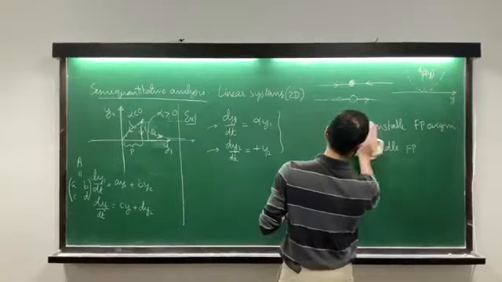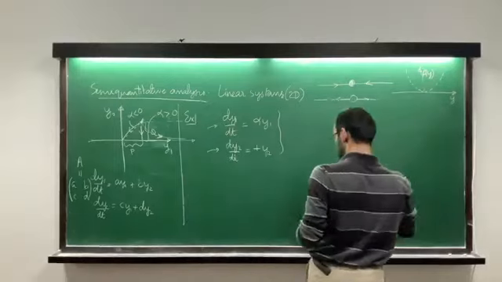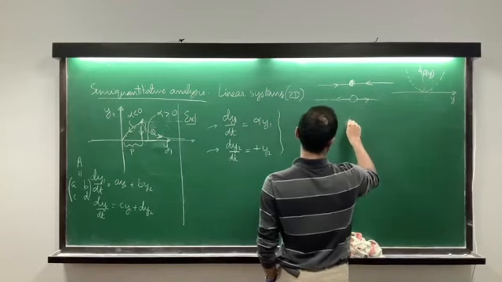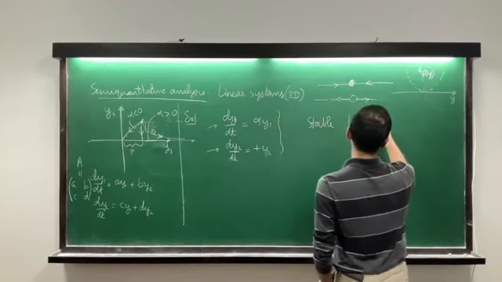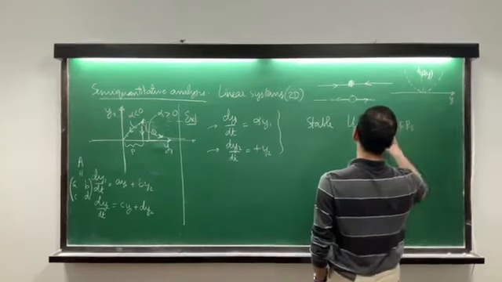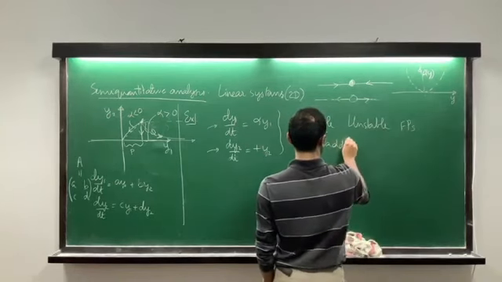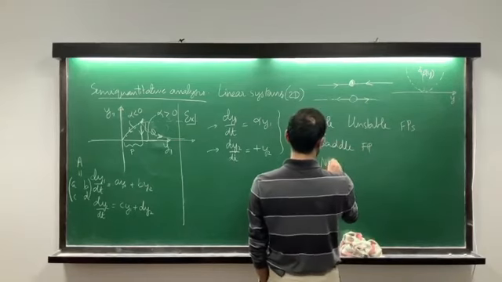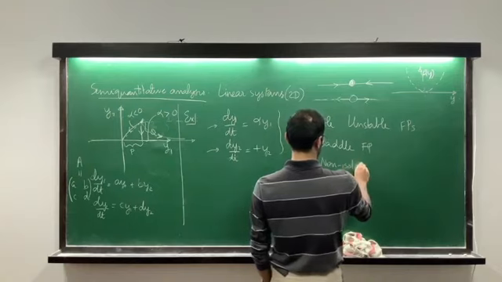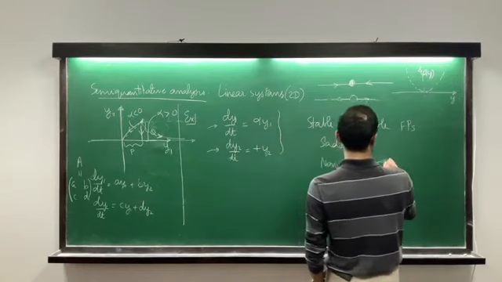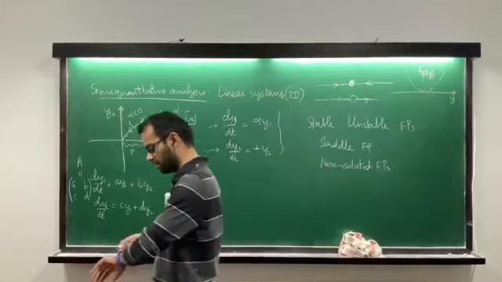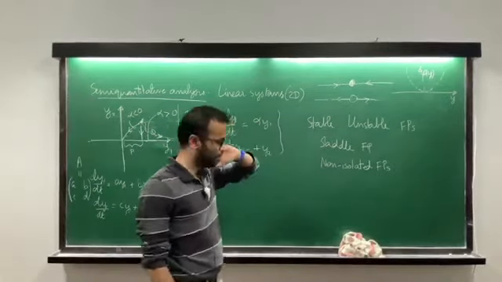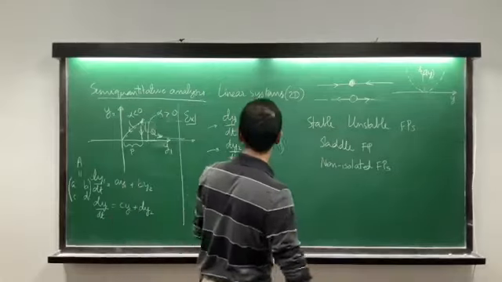We know what it looks like, and we can now see the 2D analog of the stable and unstable fixed points, and the 2D analog of a saddle fixed point, and these non-isolated fixed points. So you have the 2D analog of whatever we saw in the 1D case now turning up here. Okay, good. Let me do another example.